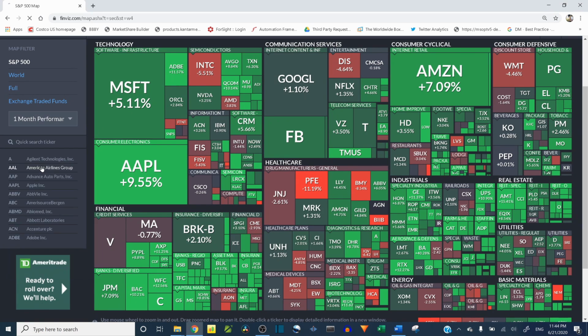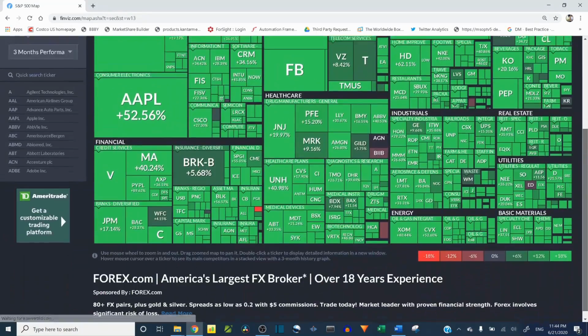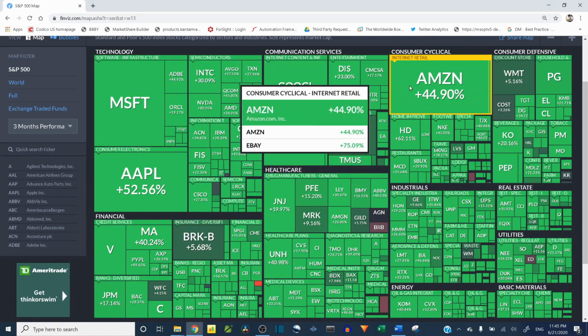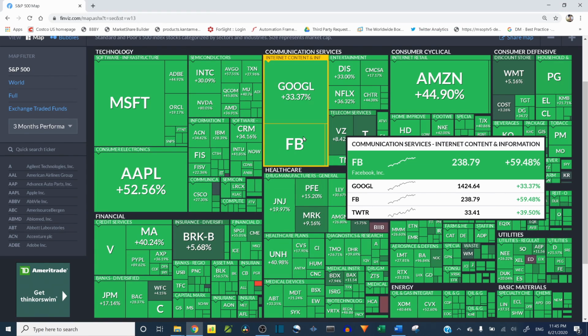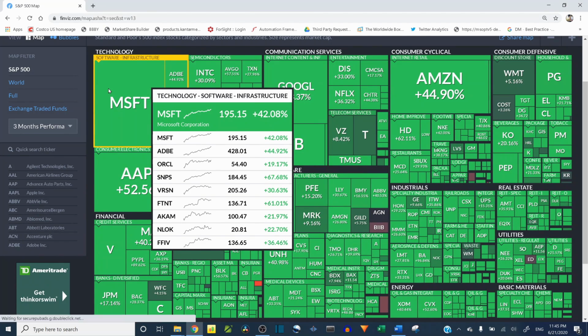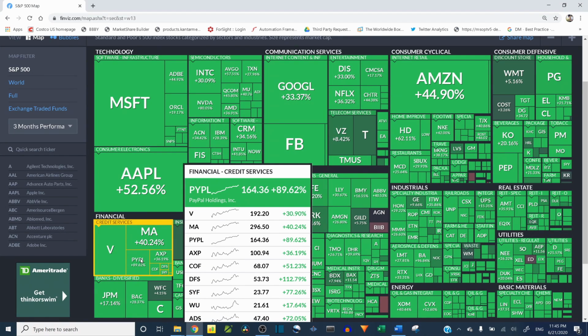I also wanted to cover 3 months performance because stocks have been skyrocketing the last 3 months. And you could see maybe we're due for a small correction as well because stocks have gone up so much. Apple's up 50% in 3 months, Facebook's up 60% in 3 months, Microsoft's up 42%. If you look at PayPal down here, it's actually up 90%.